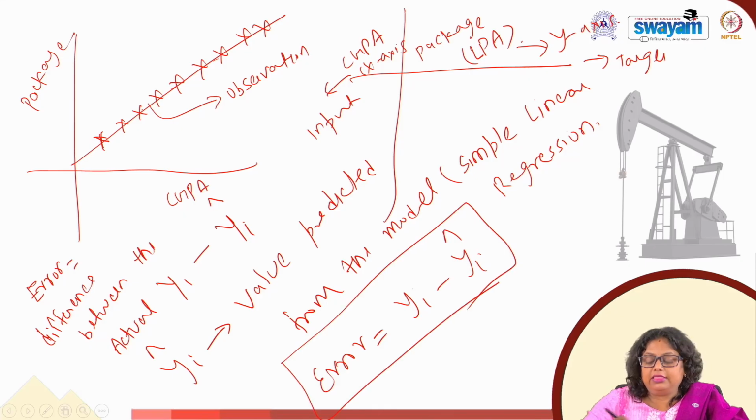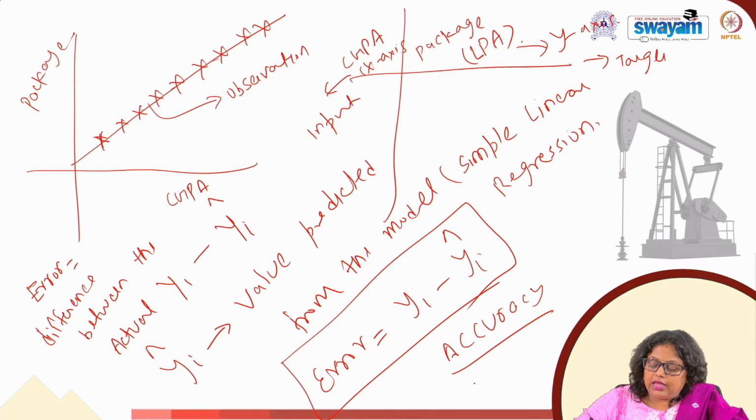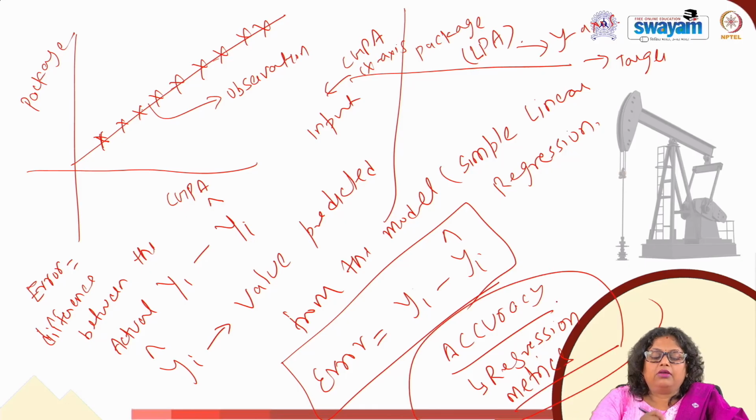When this error is more, that means this line is not accurately giving you the predicted value. So to measure this accuracy, we have our regression metrics.